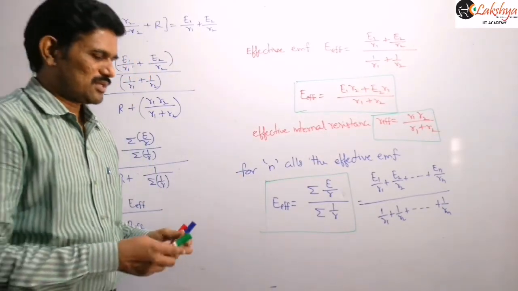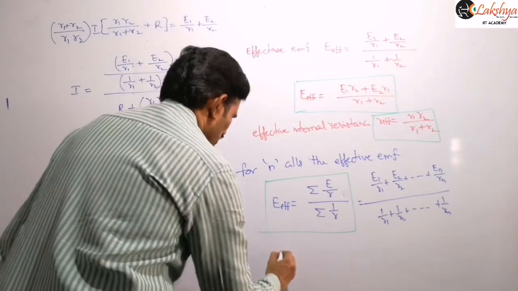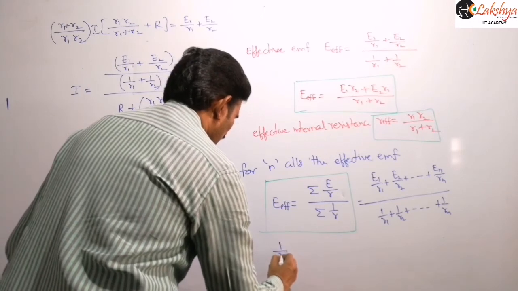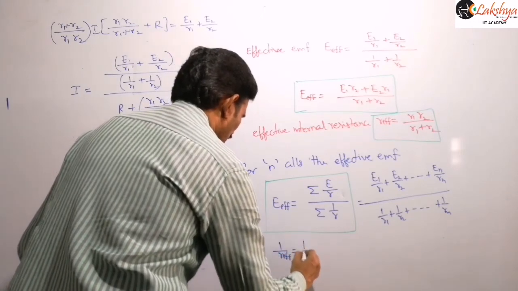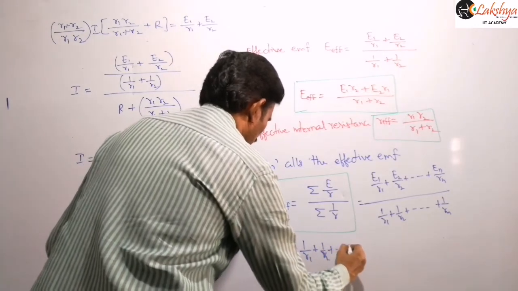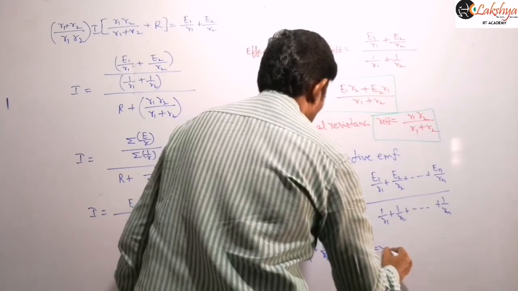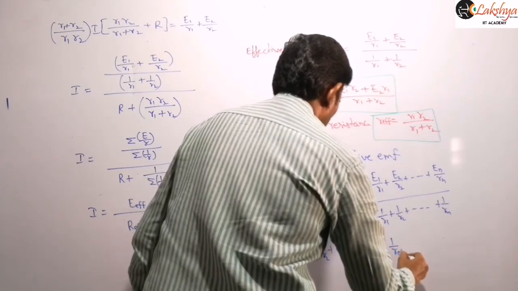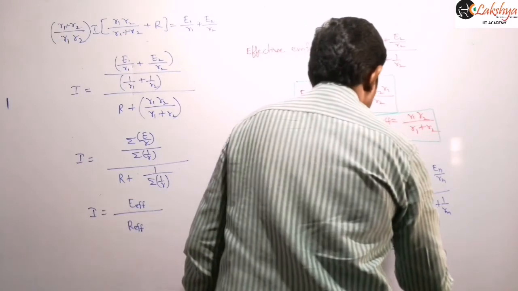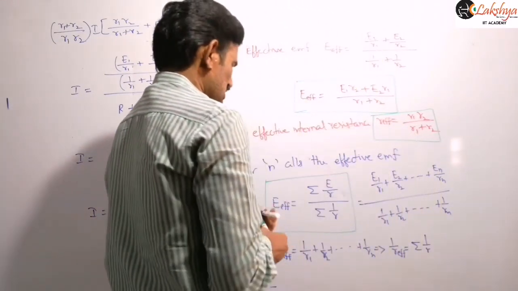The effective internal resistance we can write as 1 by R effective is equal to 1 by R1 plus 1 by R2 plus and so on plus 1 by Rn, which is nothing but 1 by R effective is equal to sigma 1 by R. So that is our effective internal resistance.